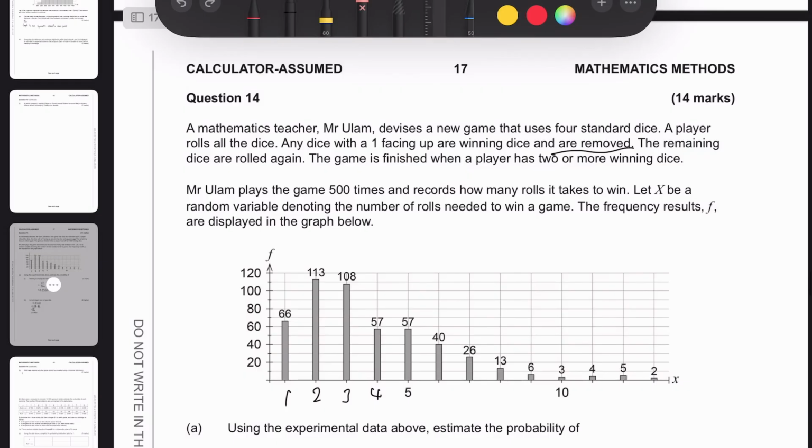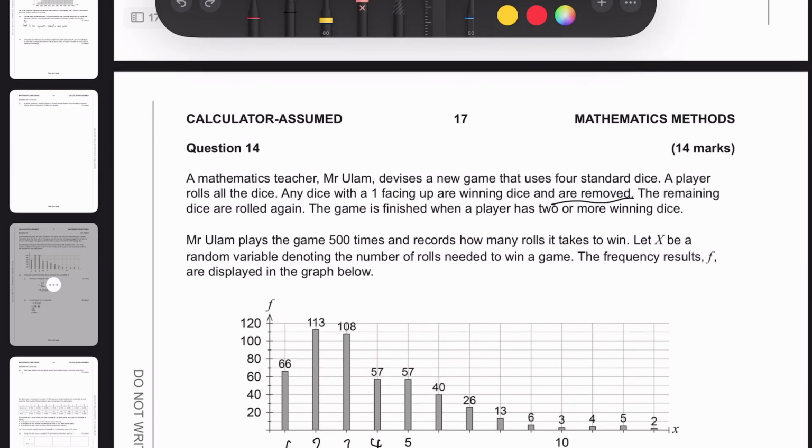Number one is that the probabilities must stay independent of each other. So the trial that you're currently doing should not be influenced by the trial before it, and it should not influence the trial after it. However, in this case, clearly this is not the case, because we are removing dice if they are winners, and obviously that will influence further trials.